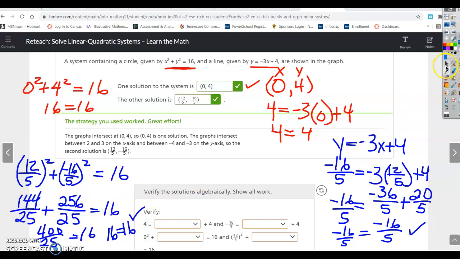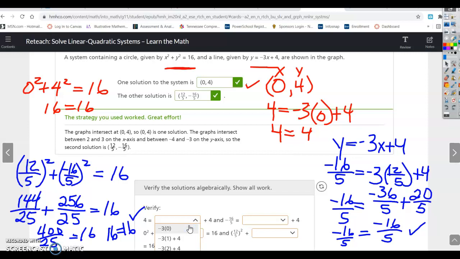All right, so with that, we have something plus 4. This is our linear equation we're talking about. So what number did we plug in first? We plugged in negative 3 times 0. And then for this one, we did negative 3 times 12/5.